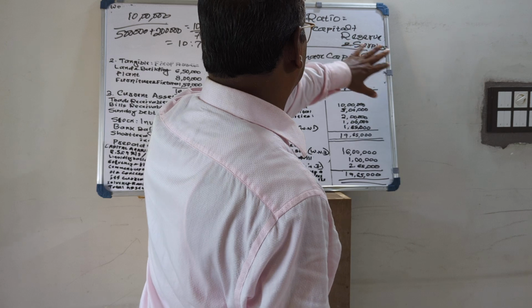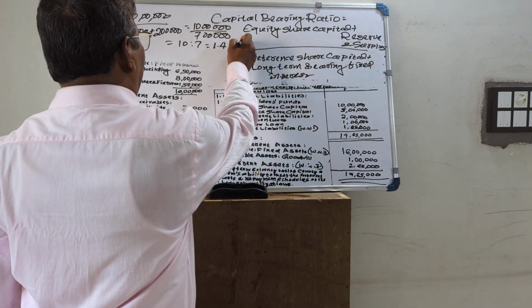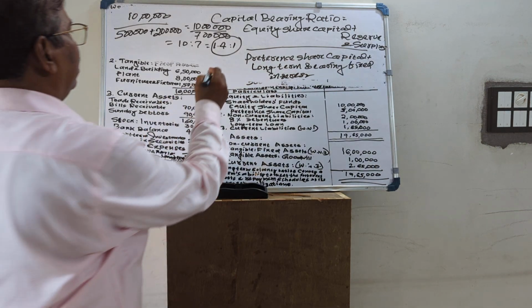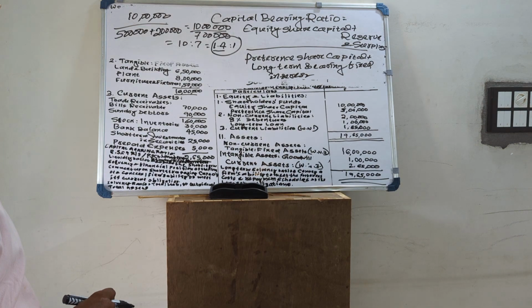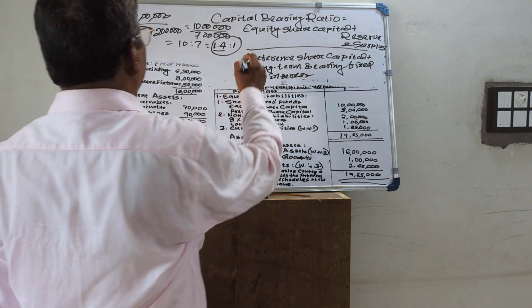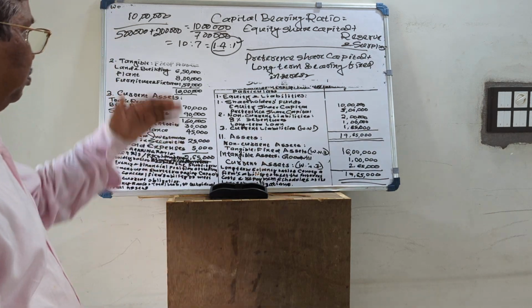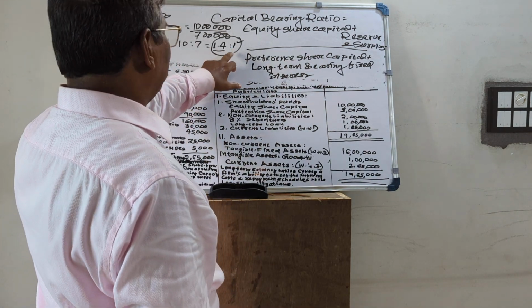That is equity share capital plus reserve surplus. So here we can know that out of total investment, the owners of the company have 1.4, and the preference shareholders and debenture holders, who get a fixed return, have 1. So 1.4 is to 1.